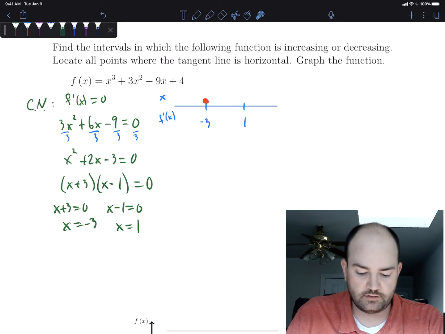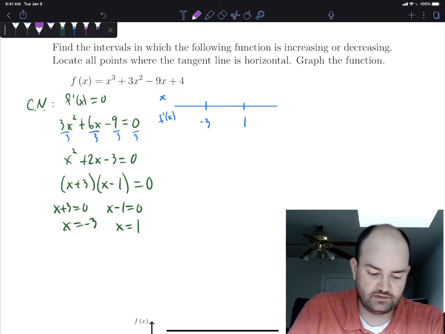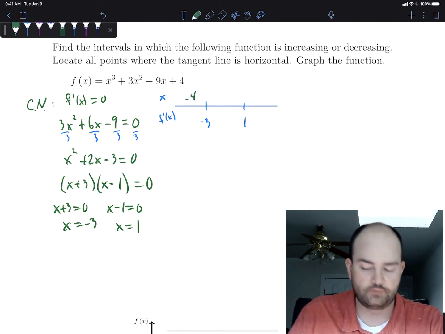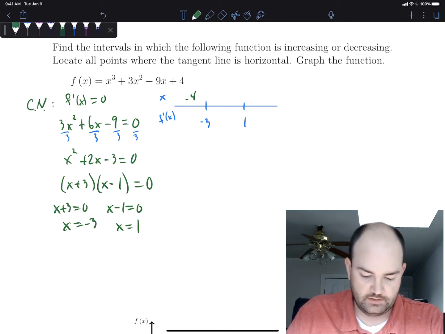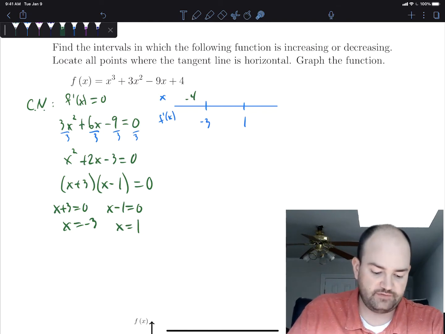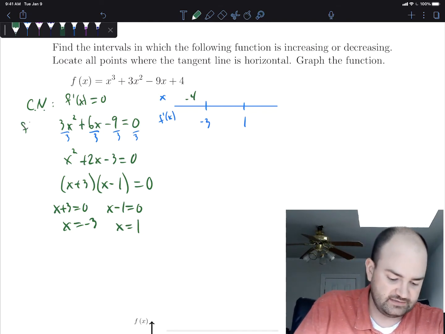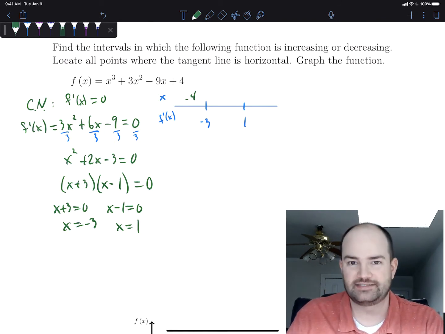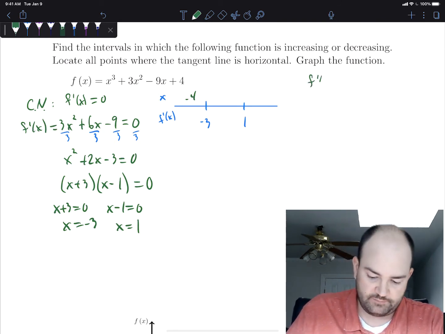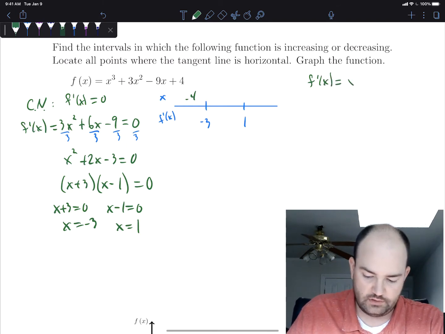Now I need a number to the left of negative 3, which means I can use, let's say, negative 4. That would work perfectly fine. Now, what I need to do is find f prime of negative 4. Well, f prime of x is equal to 3x squared plus 6x minus 9.